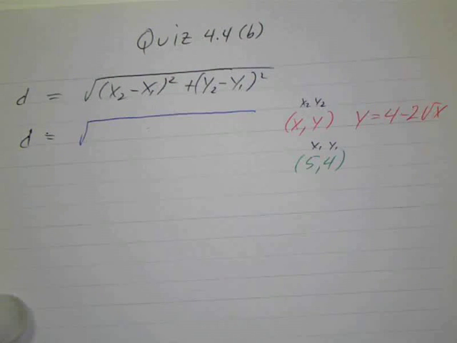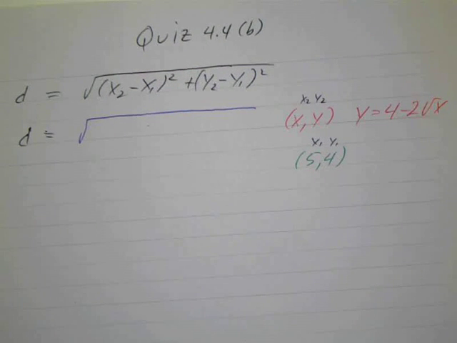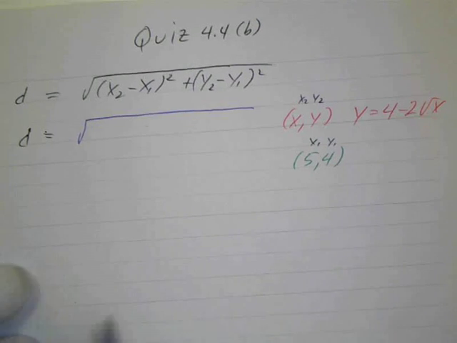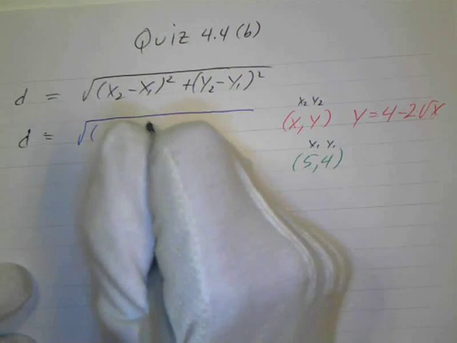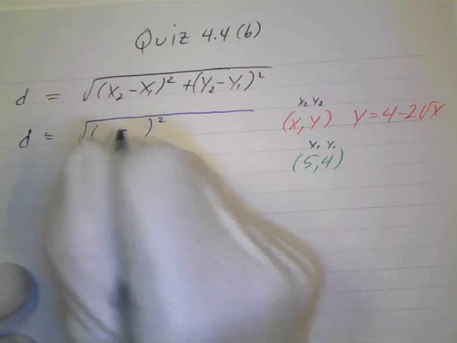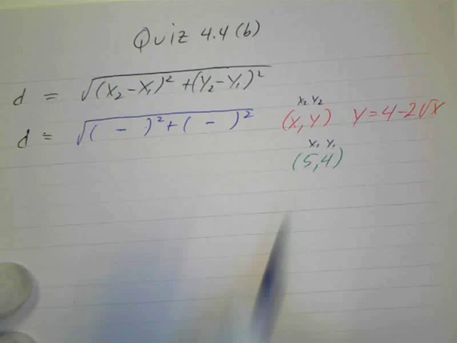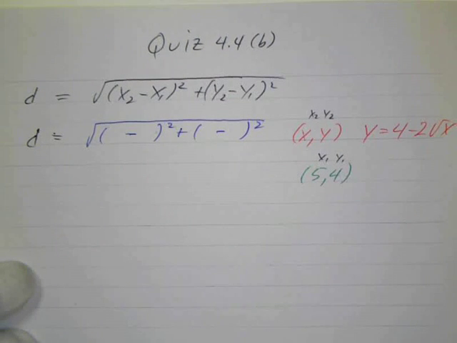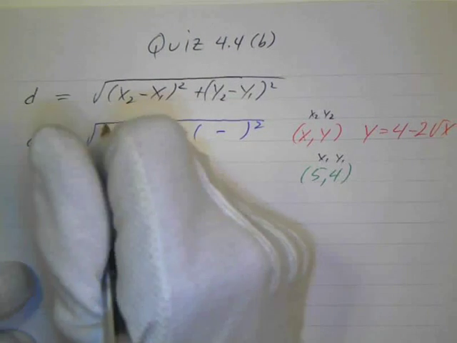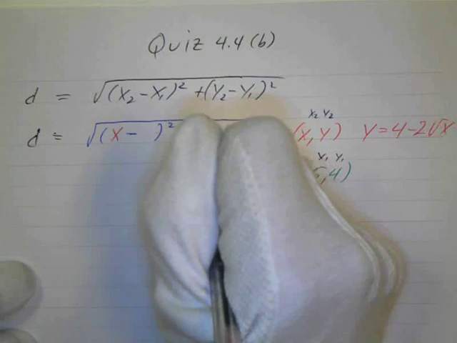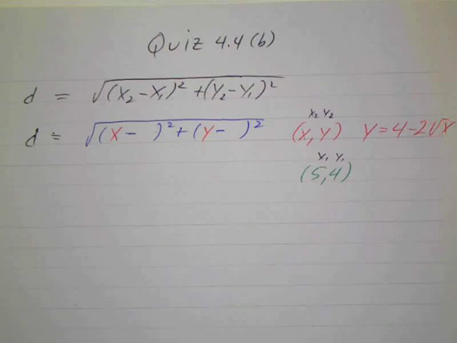So now we just put this in the formula. This is my x and y, and then there's my 5 and 4.